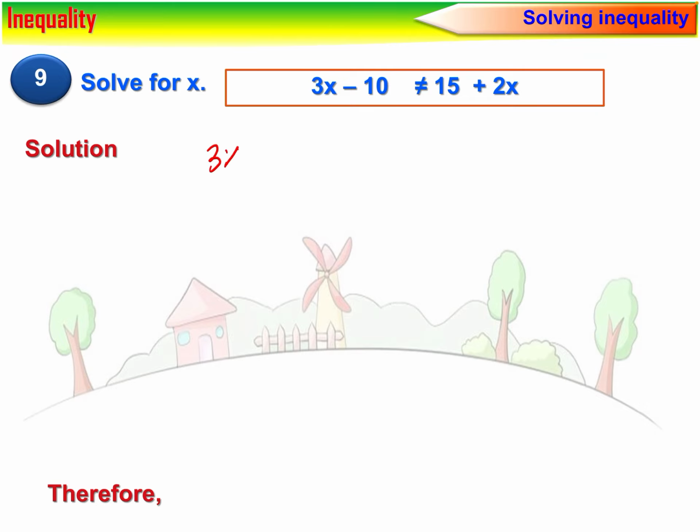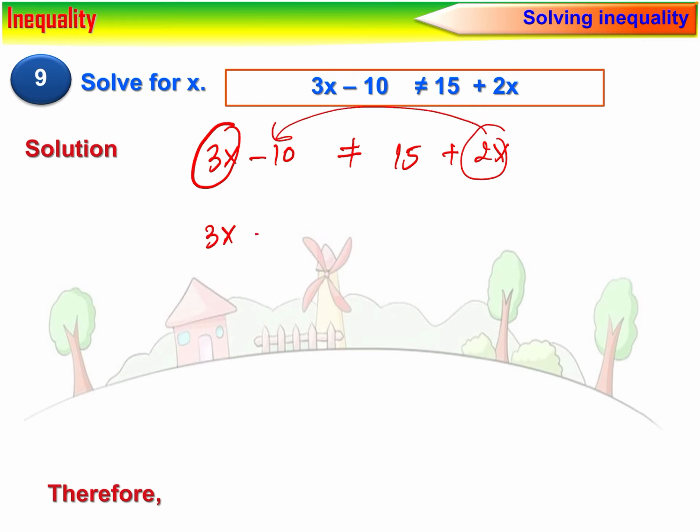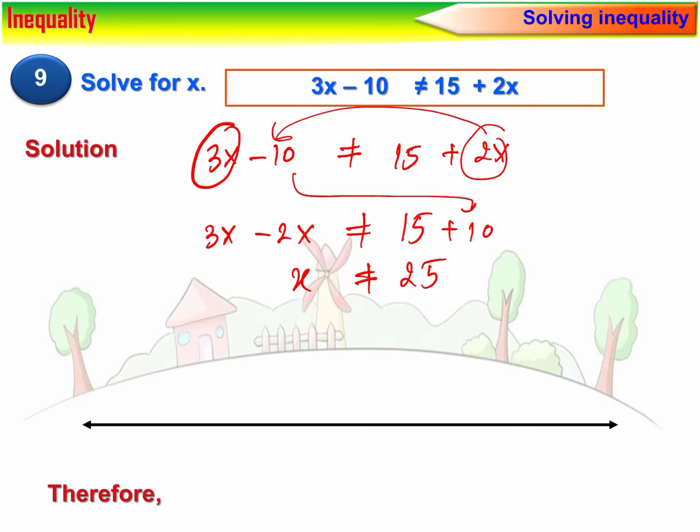What about this one? 3x minus 10 is not equal to 15 plus 2x. 3x and 2x can be together, so take 3x minus 2x is not equal to 15 and 10. 3x minus 2x, you have only one x left, is not equal to 25.